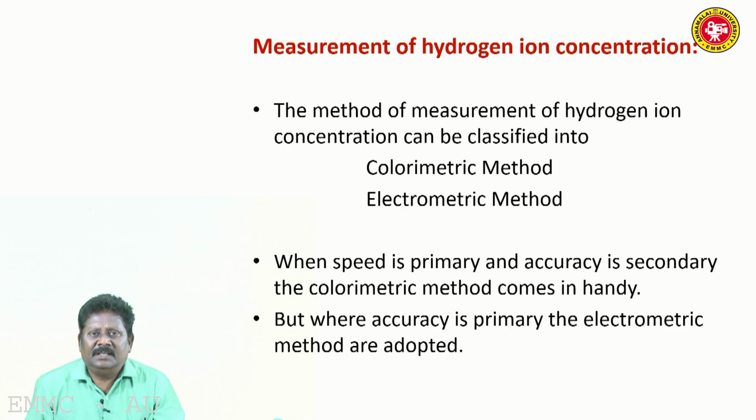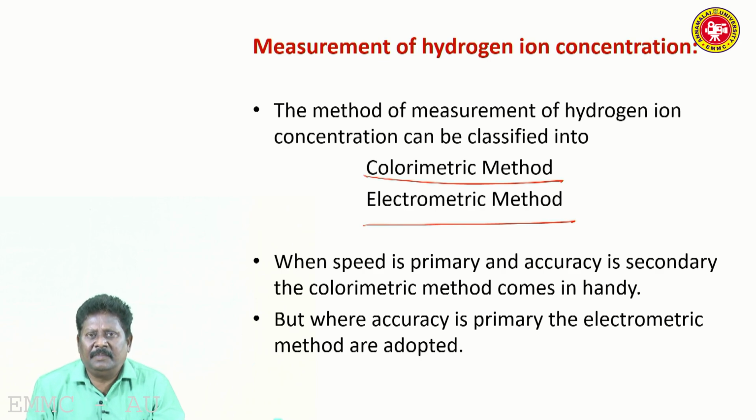So, pH is nothing but measuring the concentration of hydrogen ion in water or soil or in any biological fluid. The measurement method of hydrogen ion activity or hydrogen ion concentration can be classified into colorimetric method and electrochemical method. By these two methods you can determine the pH of the soil.